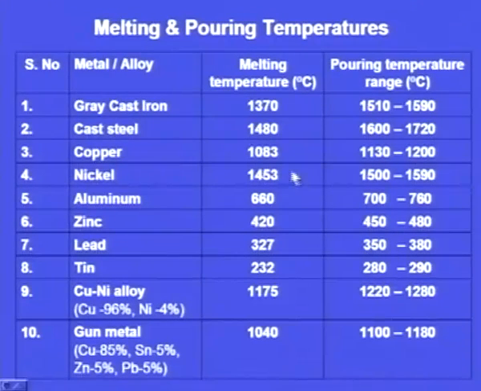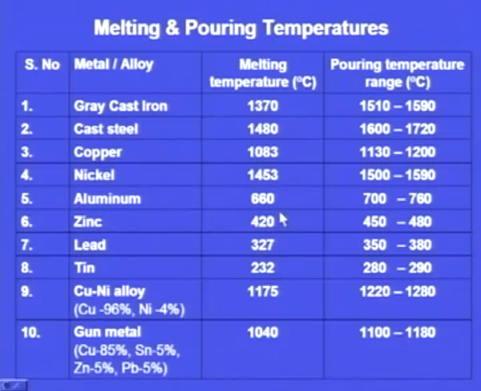For copper, the melting temperature is 1083 degrees centigrade, and the pouring temperature varies between 1130 and 1200 degrees centigrade. And for nickel, the melting temperature is 1453 degrees centigrade, and the pouring temperature varies between 1500 and 1590 degrees centigrade.